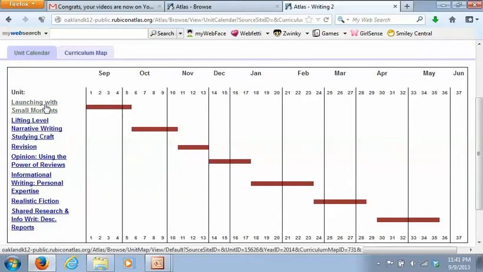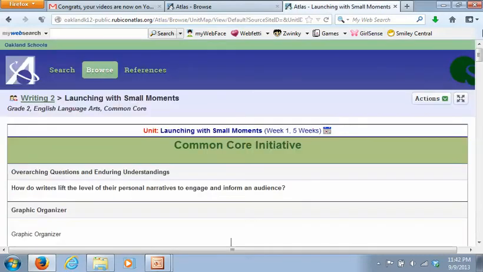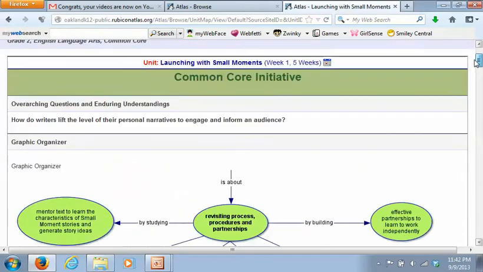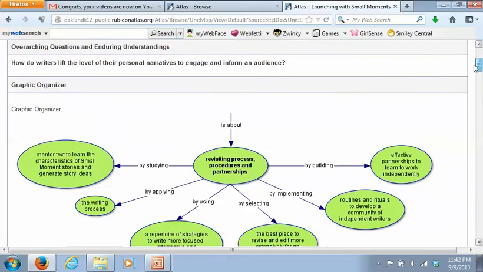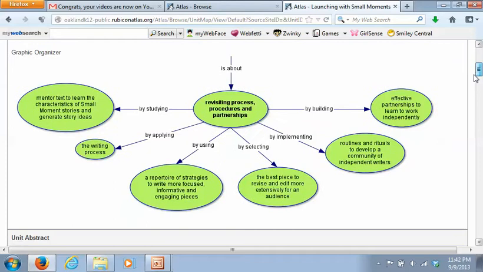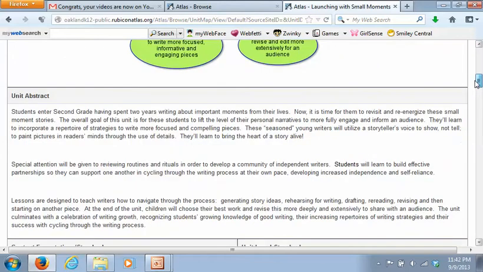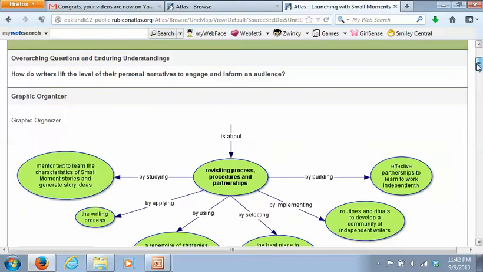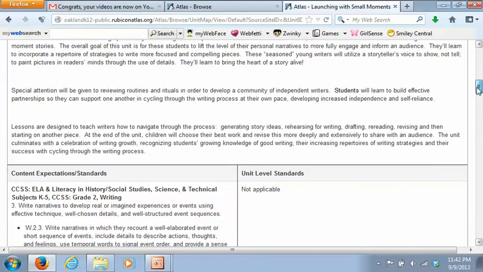But if we think about this first unit, all we do is click on it. So this is the second grade launching unit, and then you have the unit itself. You have a graphic organizer to read through the unit or a unit abstract, and pretty much the same information is provided in both.